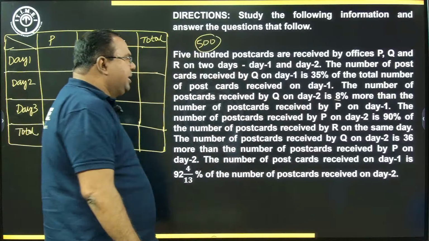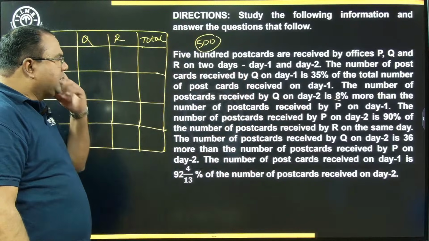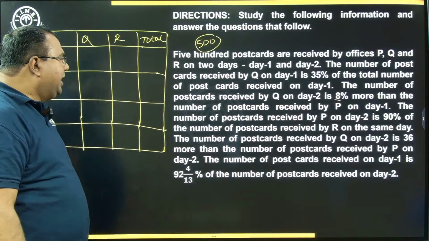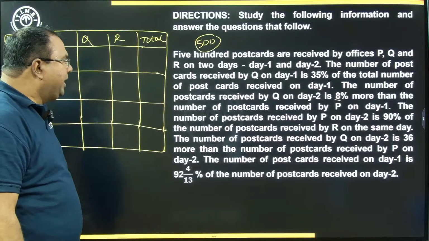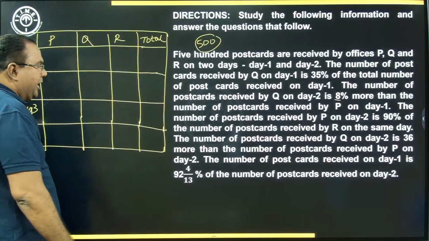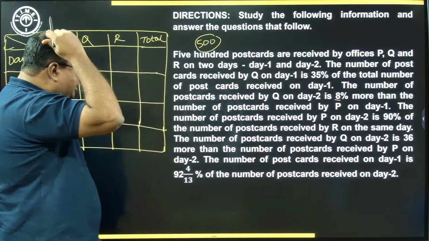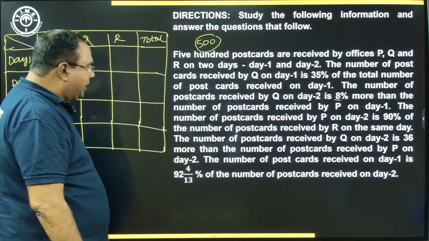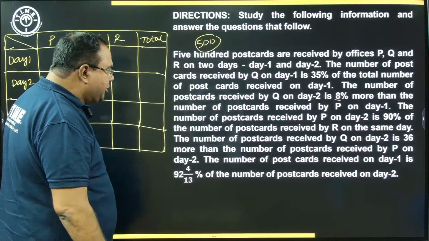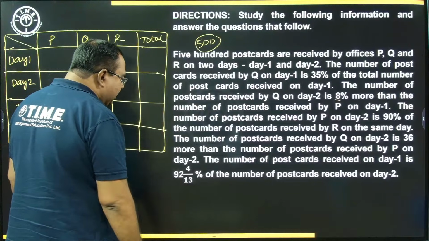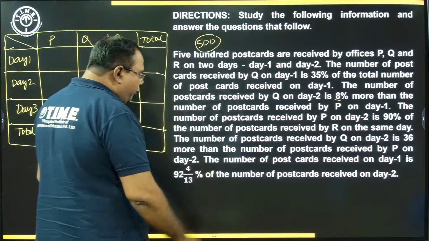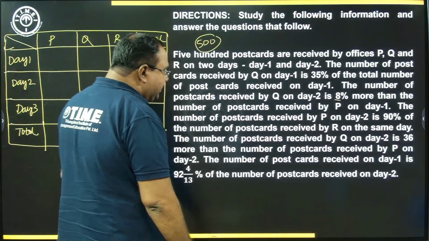We will see point by point. The number received by P on day 2 is 90% of total postcards received by R on the same day. The number received by Q on day 2 is 36 more than received by P on day 2. Number of postcards received on day 1 is 92 and 4 by 13% of received on day 2.